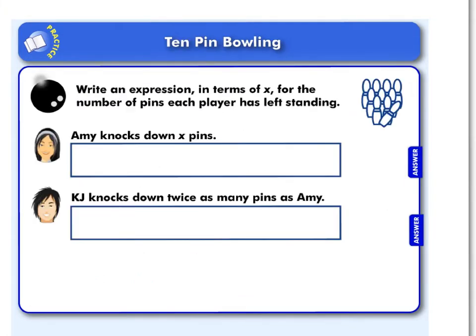Again, here's another word problem. Write an expression in terms of X for the number of pins each player has left standing. So X represents the pins left standing. So I'm just going to write X equals the number of pins standing. We always want to define what the variable is.